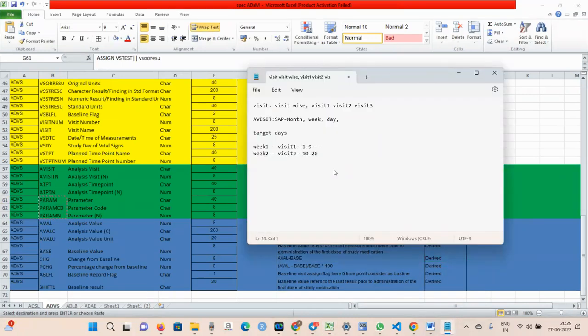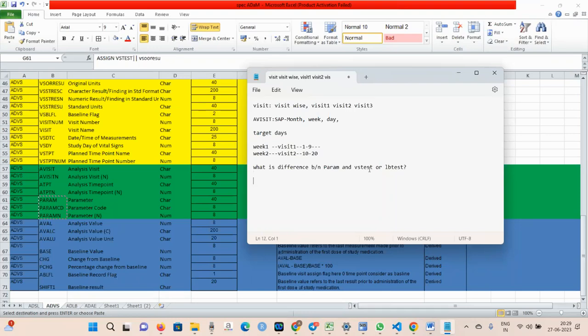In the interview also they will ask you what is the difference between PARAM and VSTEST or LBTEST. So they will ask you like this.